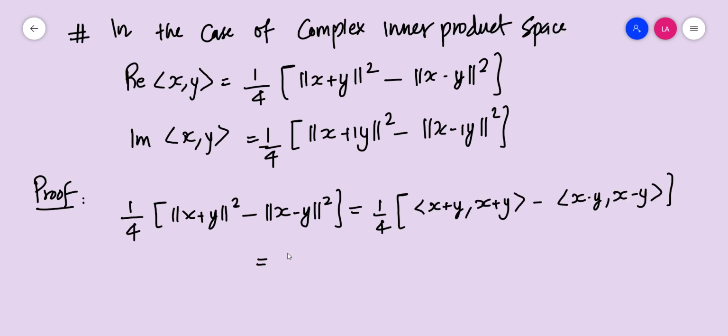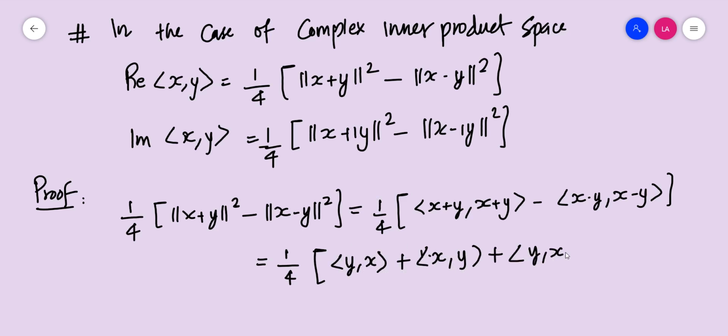By simplification, as we did in the previous lecture, this is 1 by 4 times inner product yx plus inner product xy plus inner product yx plus inner product xy.